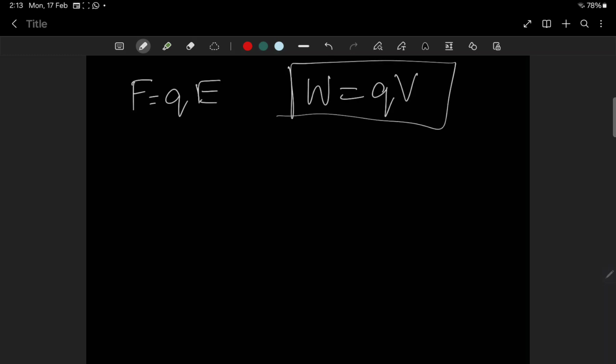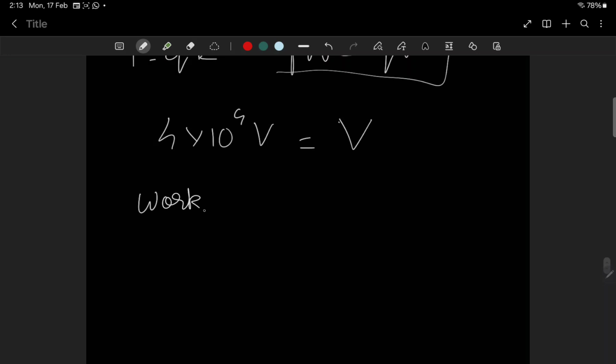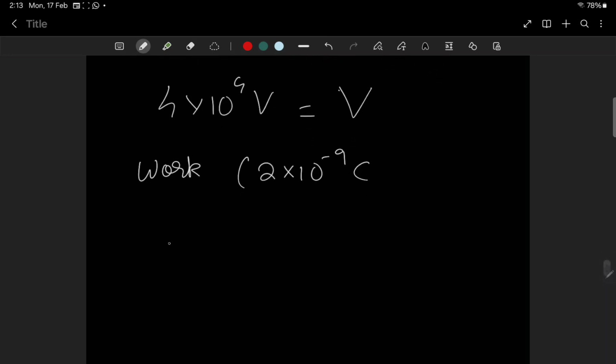So next, the second part of the same question. We got 4 into 10 raised to 4 as the potential V. They are asking the work done for bringing a charge of 2 into 10 raised to minus 9 coulomb. It's very simple. W equals 2 into 10 raised to minus 9 into 4 into 10 raised to 4.